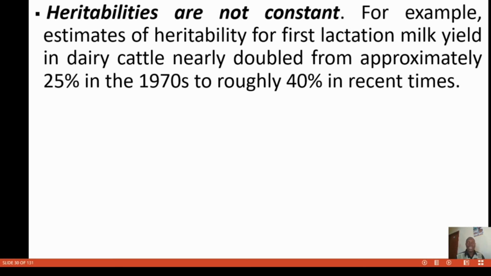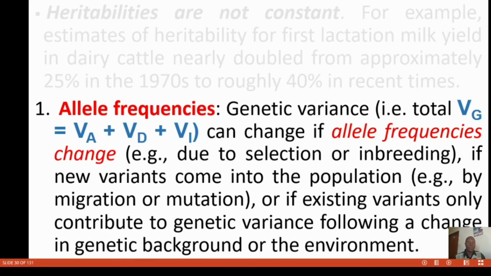For example, estimates of heritability for the first lactation milk yield in dairy cattle nearly doubled from approximately 25% in the 1970s to roughly 40% in recent times. So they are not constant. You cannot use what happened in the 1970s as the heritability estimate of milk at first lactation from the old data.